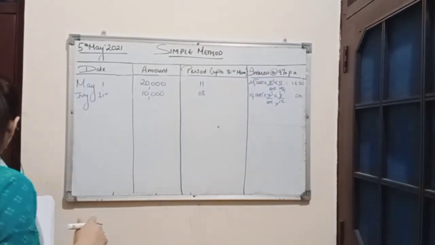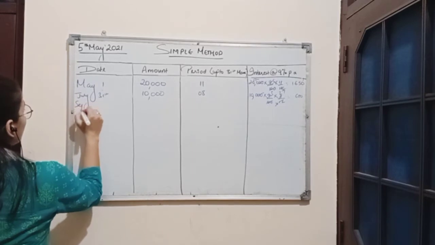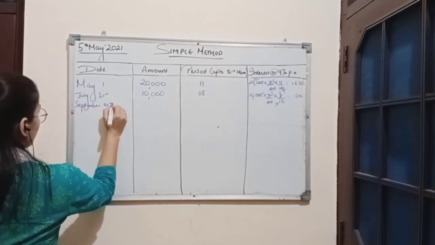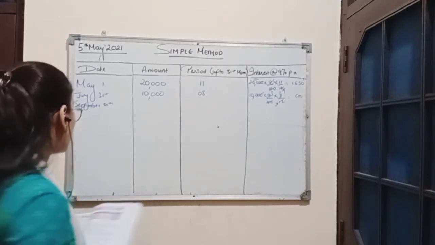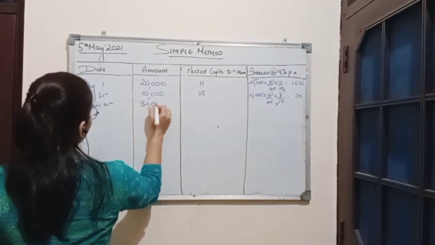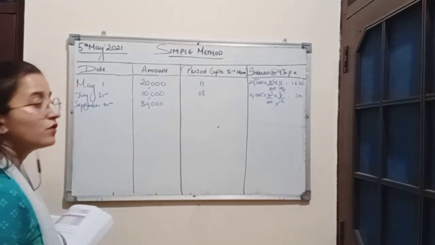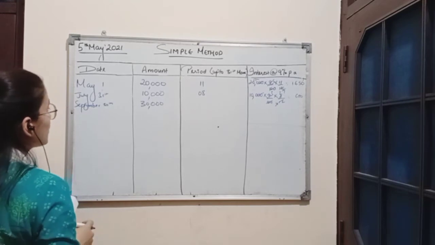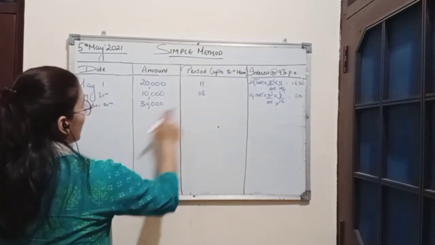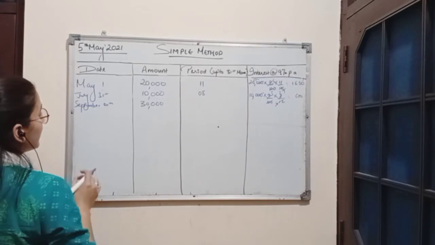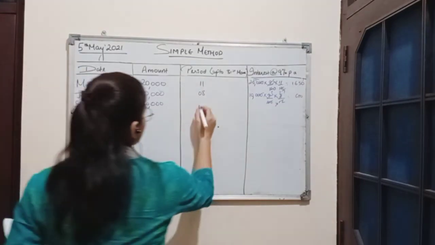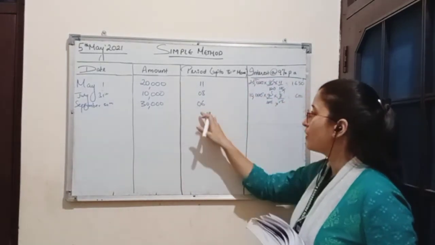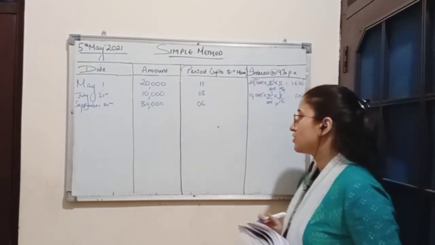Now, the next date is September 30, and the amount is 30,000. Charu has withdrawn the amount of 30,000 as drawings on 30th September. If we calculate the months up to 31st March 2018, it will be 6 months. The time duration will be 6 months for which the interest on drawings will be charged.